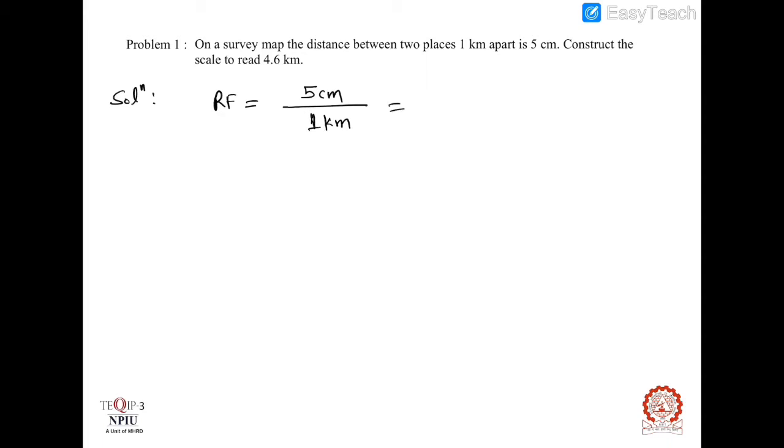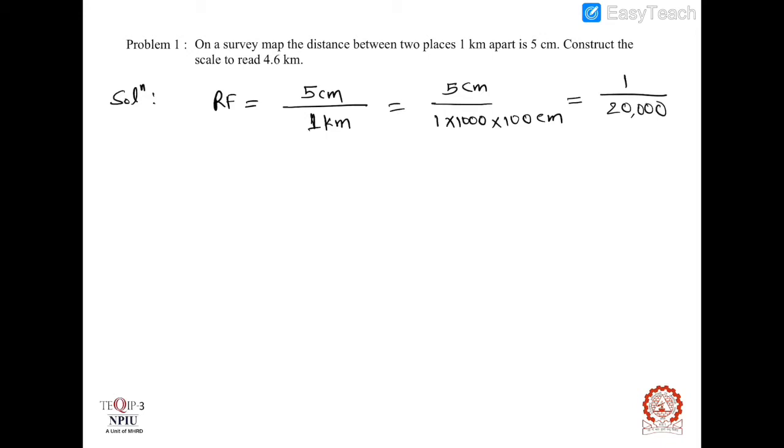So the representative fraction will be, here we need to make the same unit in the numerator and denominator. So 5 centimeter divided by 1 kilometer multiplied by 1000, this will be meter, multiplied by 100, this will be now centimeter. It will be 1 by 20,000.